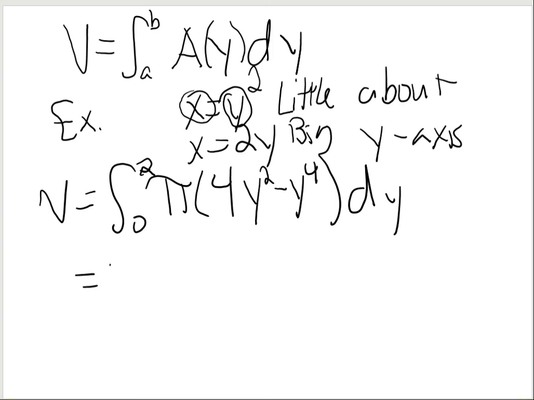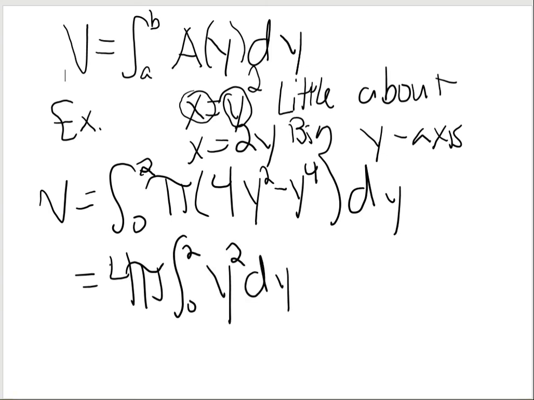So separating these, this will be 4 pi from 0 to 2 of y squared dy minus pi from 0 to 2 of y to the 4th dy.